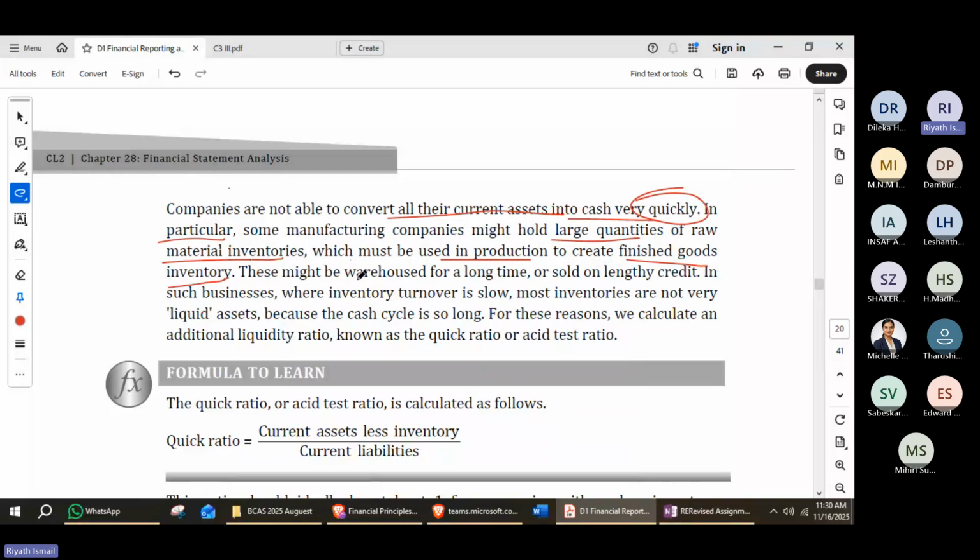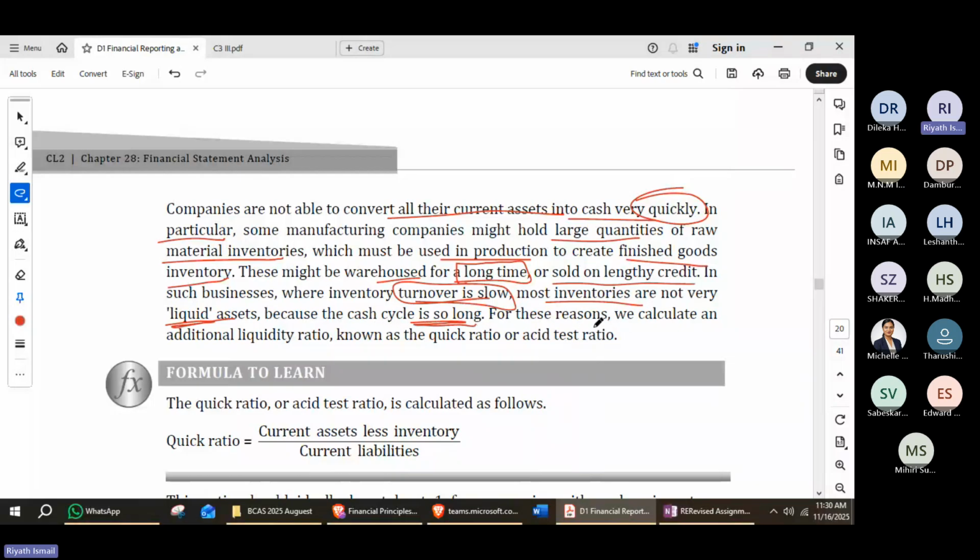So these might sit in the warehouse for a long time, right? They have to keep the inventory for a long time, and it is sold on lengthy credit, like 6-month credit. In such businesses inventory turnover is low. Most inventories are not very liquid assets because the cash cycle is so long.